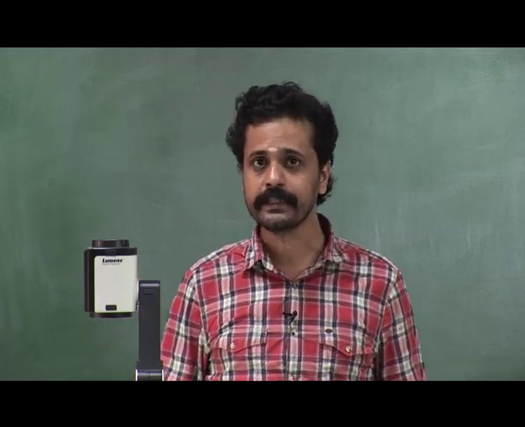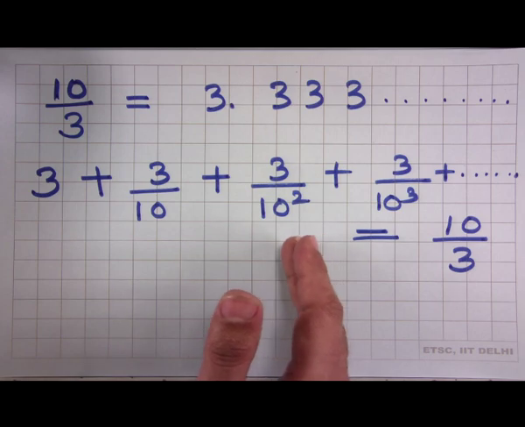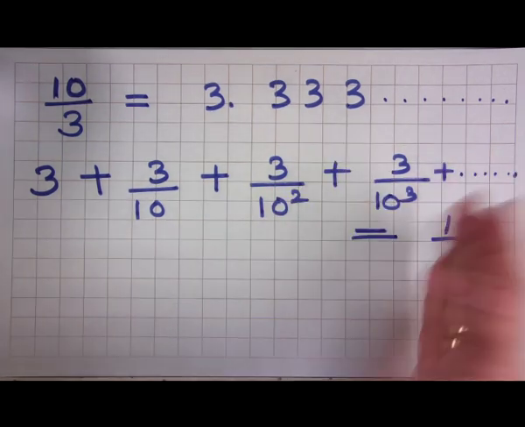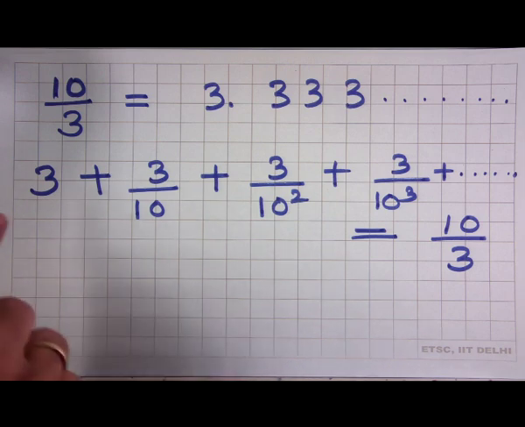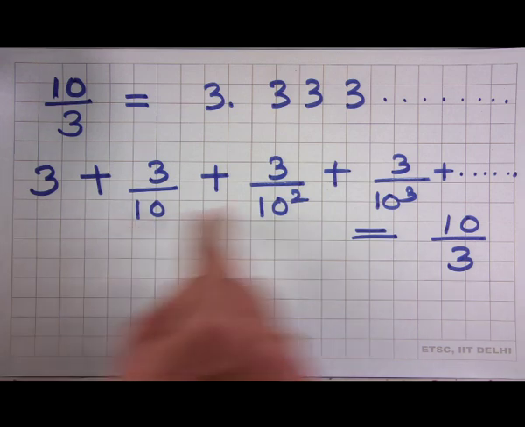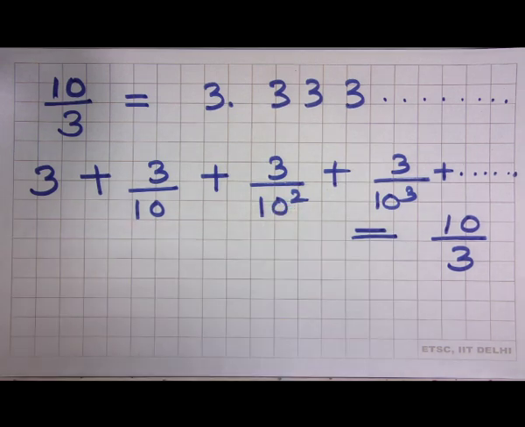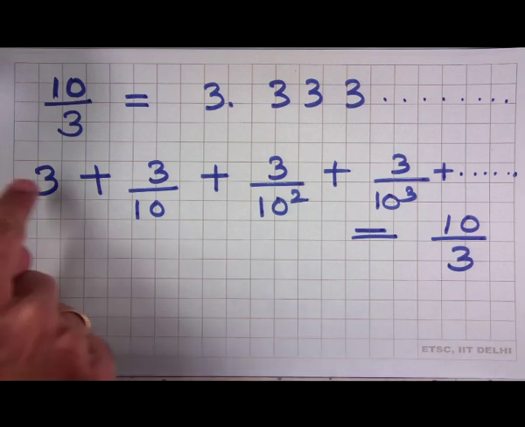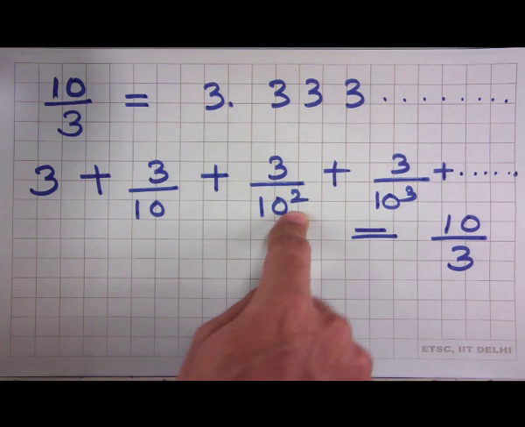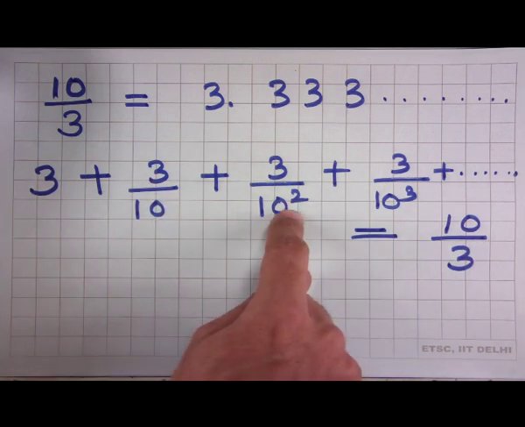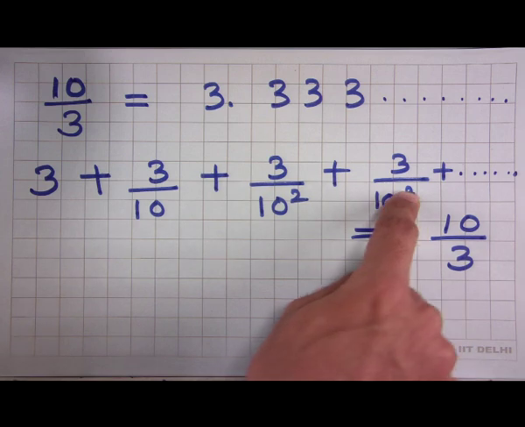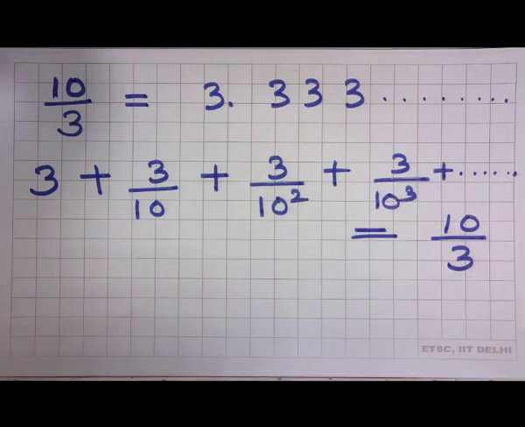And a natural question here is the following. If we increase the number of summands, that is, instead of dealing with 3 plus 3 by 10, suppose we deal with 3 plus 3 by 10 plus 3 by 10 square, or 3 plus 3 by 10 plus 3 by 10 square plus 3 by 10 cube, 4 terms, and so on.